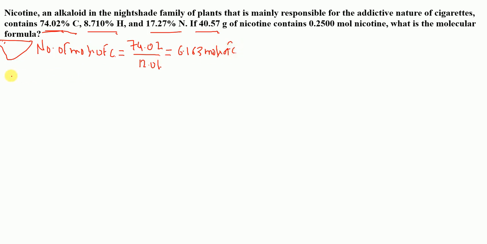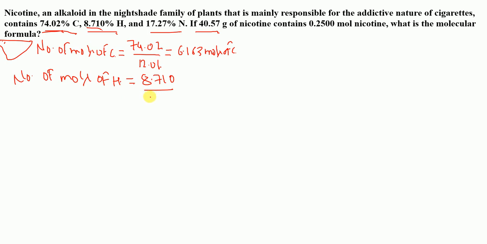Then what is the other thing that we will determine? 8.710% of hydrogen. The number of moles of hydrogen will be the weight in gram of hydrogen, 8.710 gram, divided by the atomic mass of hydrogen.